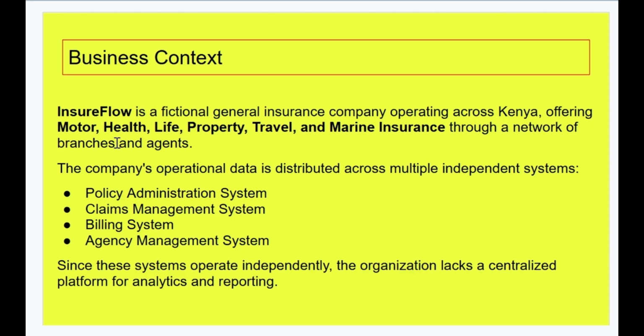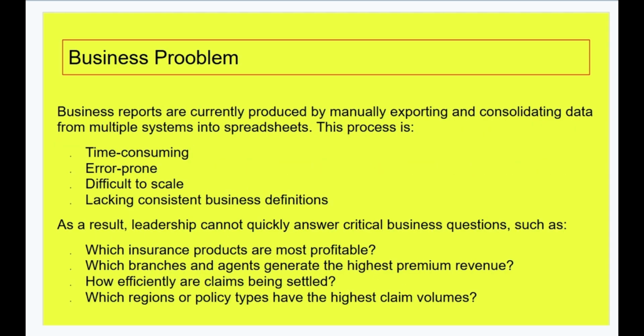So we've seen the business is offering these kinds of products, and their data is stored in different systems. So let's try to understand the problem here. Let's assume management wants the answers to these 4 questions. The first question: which insurance products are most profitable?